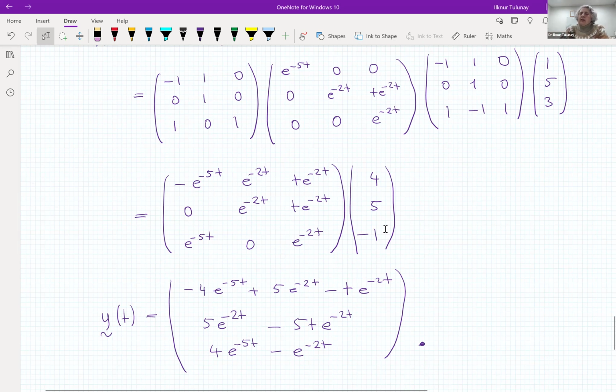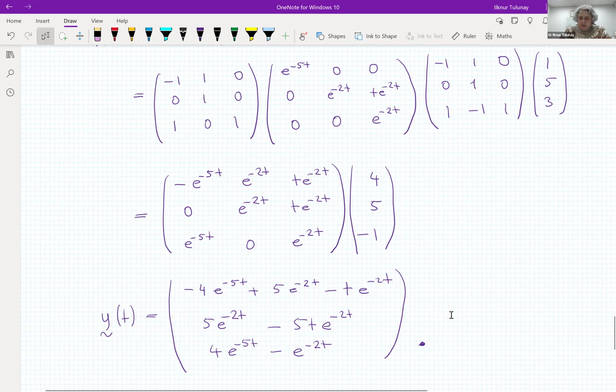For any initial vector, you just multiply with this matrix, and that will give you the solution corresponding to that initial value. So this is the particular solution, and this matrix corresponds to the general solution. This vector corresponds to the particular solution. So this is y1(t), this is y2(t), this is y3(t).